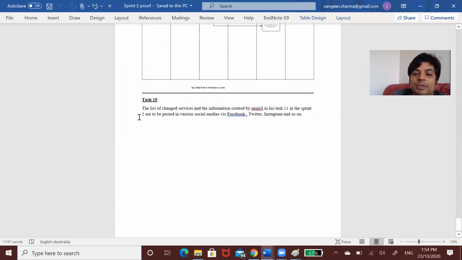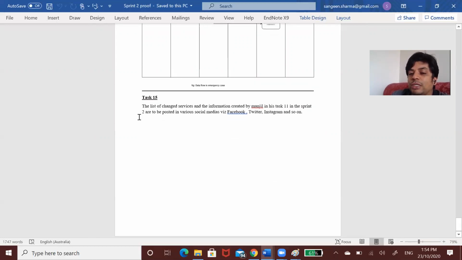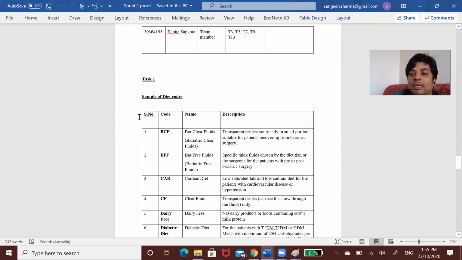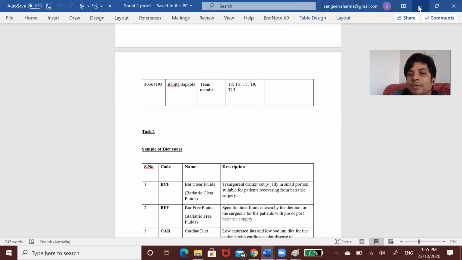And in task 15, my task was to post on various social sites the information that Manjil created in task 11, via Facebook, Twitter, Instagram, and so on. And this was my task in sprint 2.